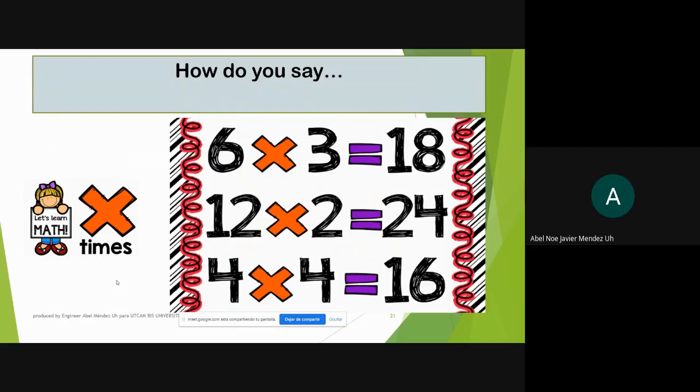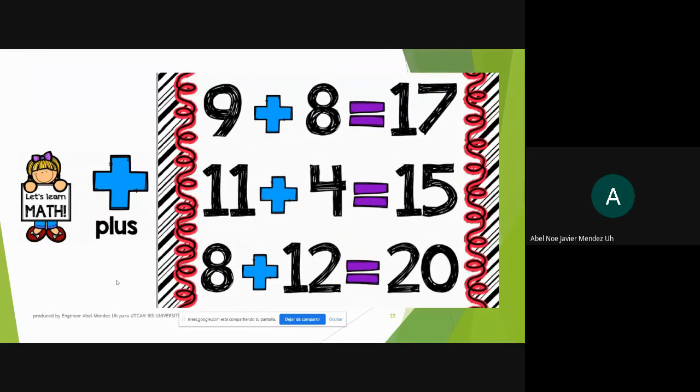Don't forget to make the emphasis at the end of the number or the word: 16.